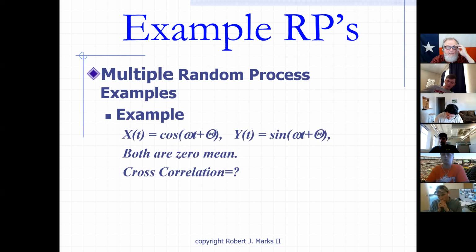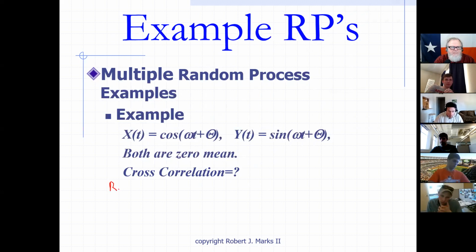Let's talk about some multiple random variables. Here's an example. If we looked at the cross correlation here, I'm sorry, my microphone setup is getting in the way of my doing stuff. What is the cross correlation here?